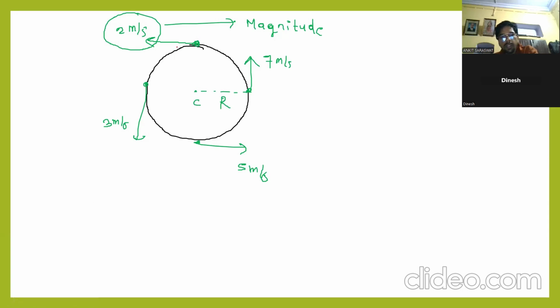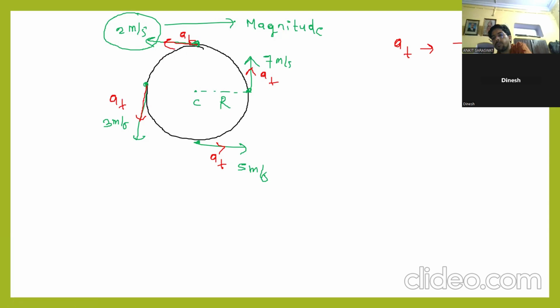If the velocity is increasing, 2, 3, 5, 7, then the tangential acceleration will be in the same direction as the velocity. If it is decreasing, it will be 180 degrees opposite.